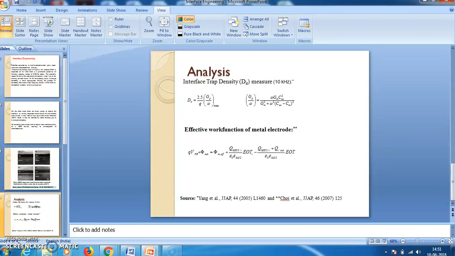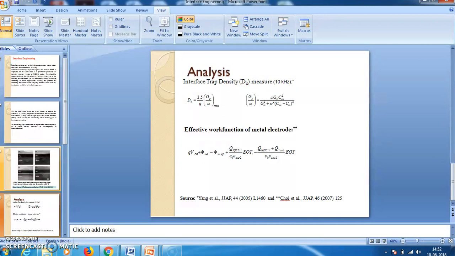So we should know clearly about interface engineering in the fabrication of MOS devices, metal oxide semiconductor devices, whether it is MOSFET or MOS capacitor.